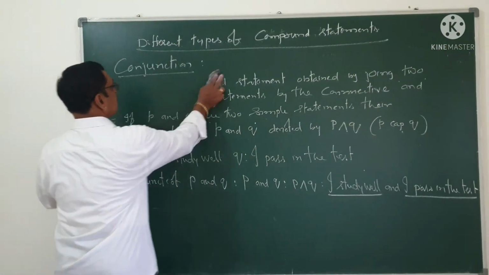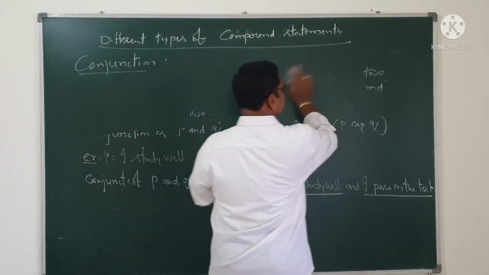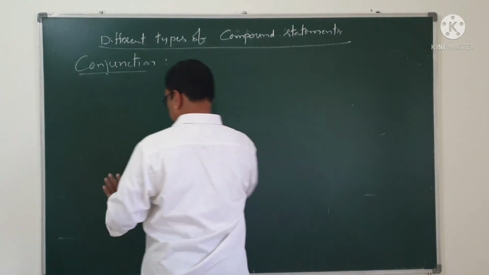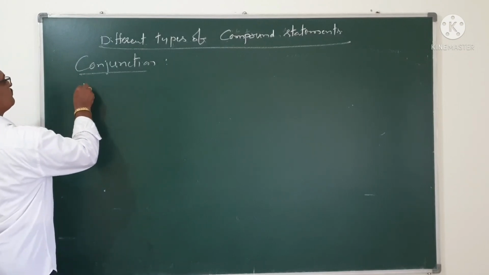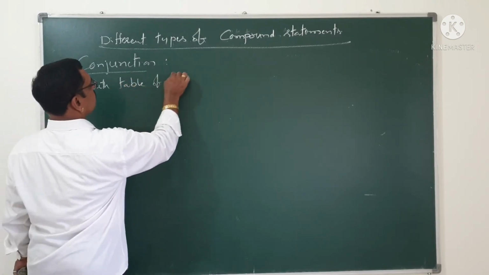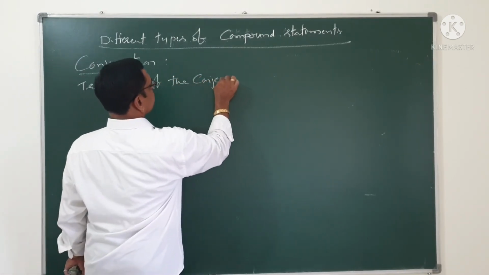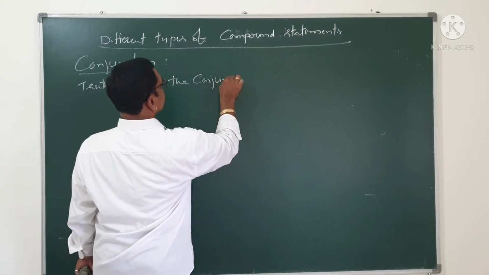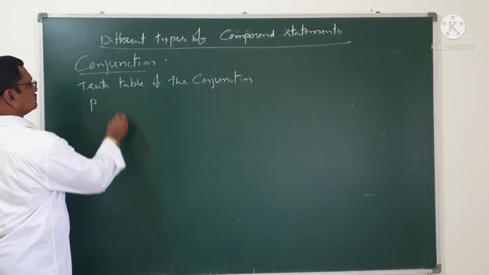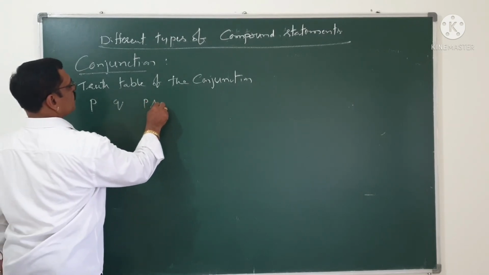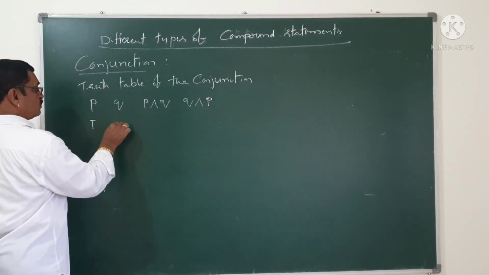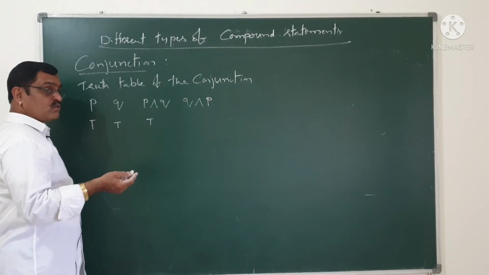So the next one is the truth table of the conjunction. Now I have the P statement, Q is another statement, P and Q or Q and P. Now if both are true, then the statement is true because I am using AND.